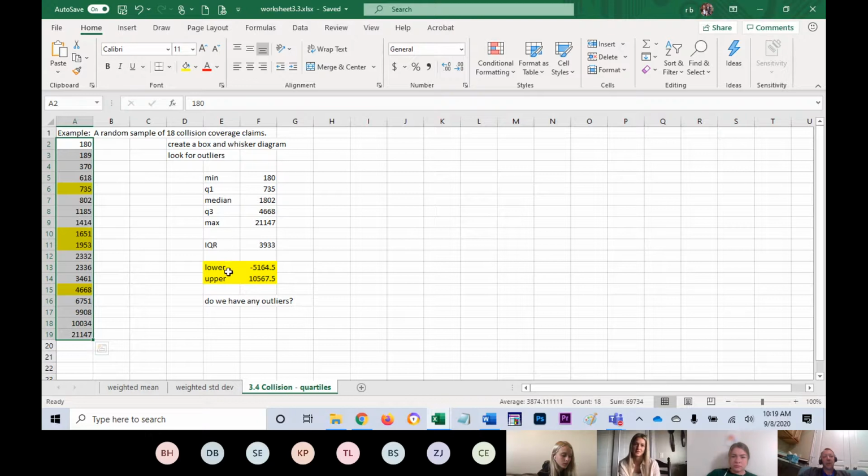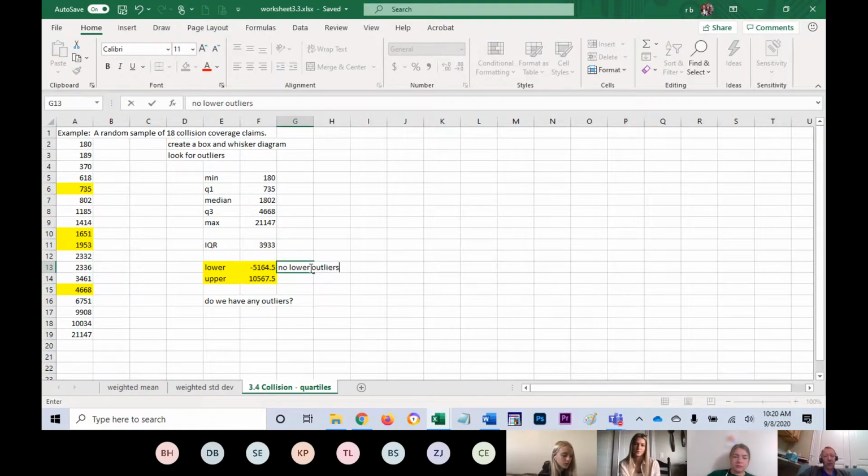Okay. So the way you're going to check that is you're going to look at your fences. We're going to say that anything beyond 10,567 is an outlier, and anything less than this negative number. Do we have any negative numbers in here? No. So we've got no lower outliers.